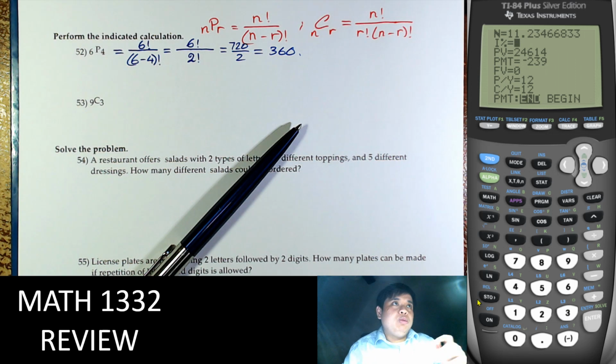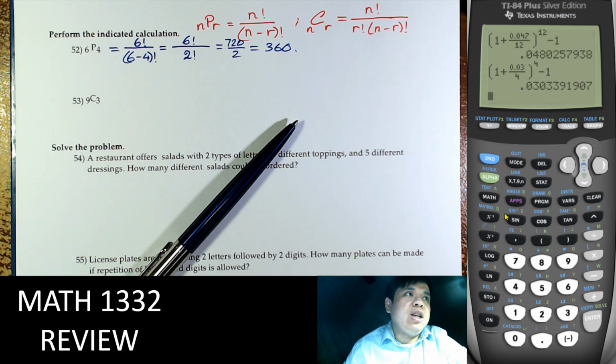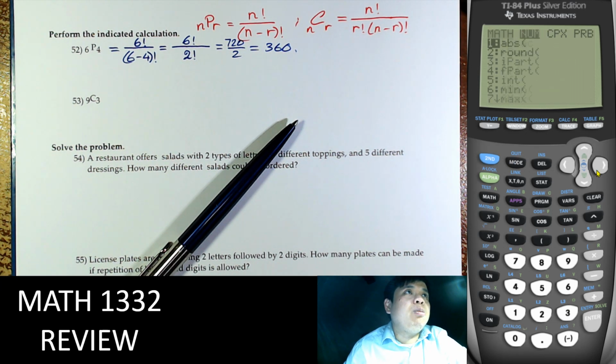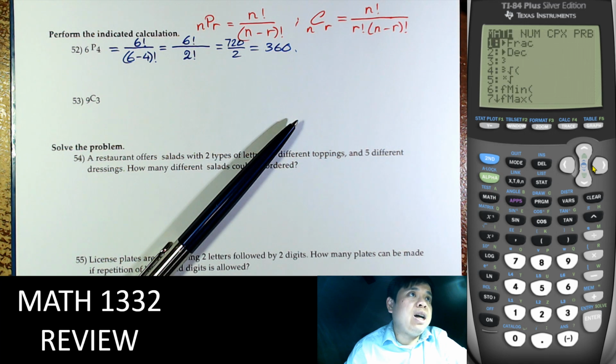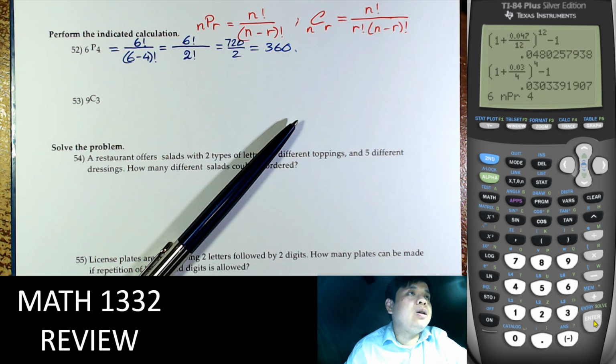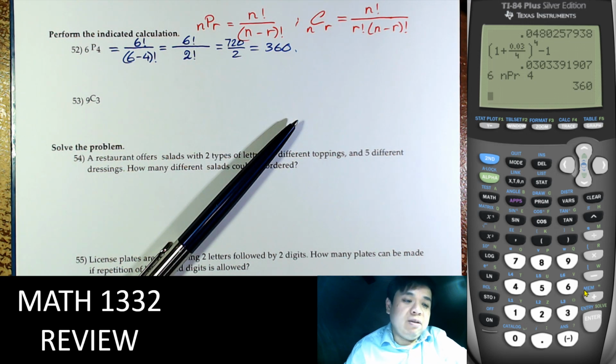So that is how we do it by hand. Of course, on the calculator, we can just go to math, probability, and we choose option number 2 for permutation. But we have to enter 6 first, and then we do that. Of course, that's what we have.